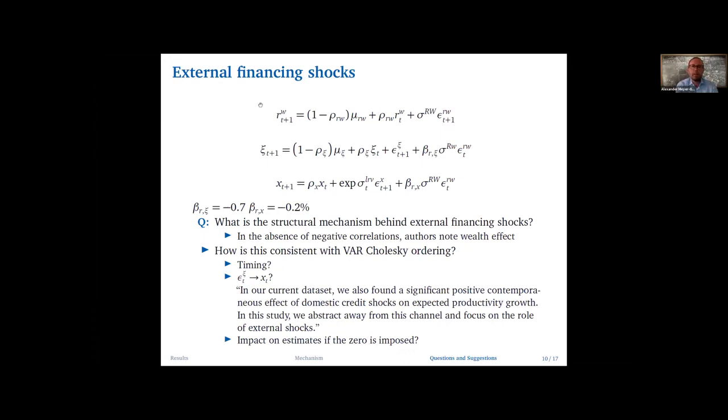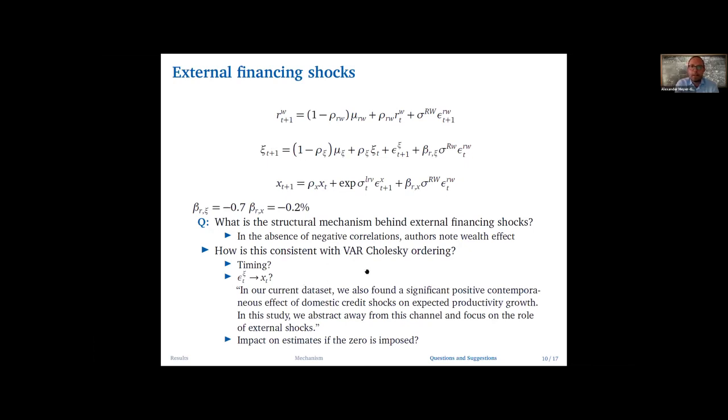Also, just in general, the timing didn't seem to be exactly consistent with the VAR, because the VAR told us that shocks to the rest of the world interest rate affect C and X on impact. And here we have it with a one-period lag. Is this important? Is this not important? I see this happen a lot in models. And then here, a point that was emphasized: remember, we have a lower Cholesky decomposition, so conceivably, shocks to internal financing conditions should affect long-run growth as well.